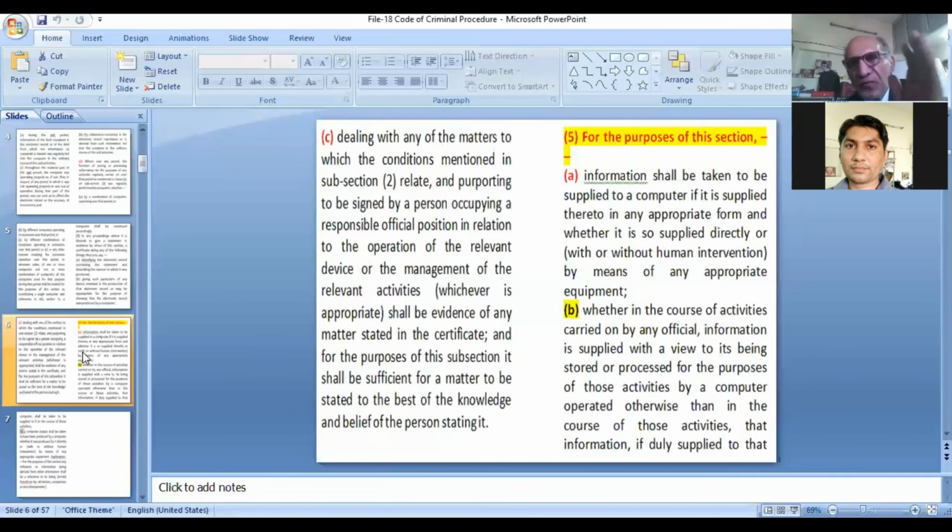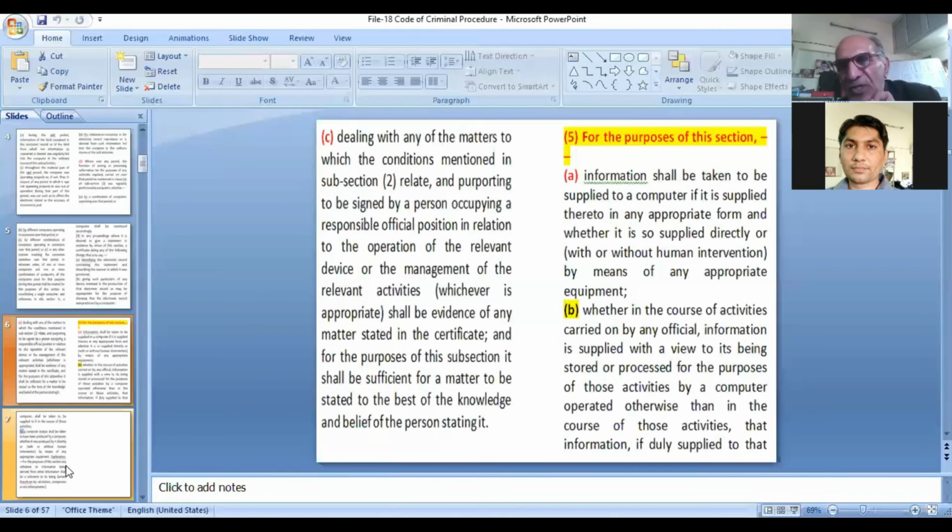Now, further, subsection 5, for the purpose of this section. Now see, this section in itself is becoming a code. It is becoming self-contained as it is now specifying the definitions, specifying the features of the important technical terms availed for this provision.